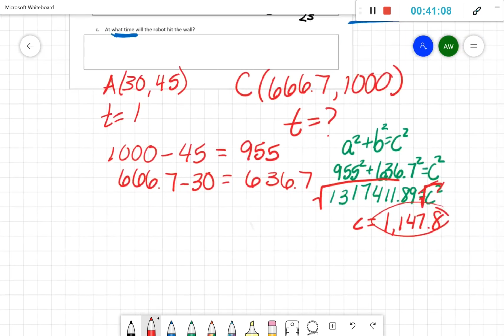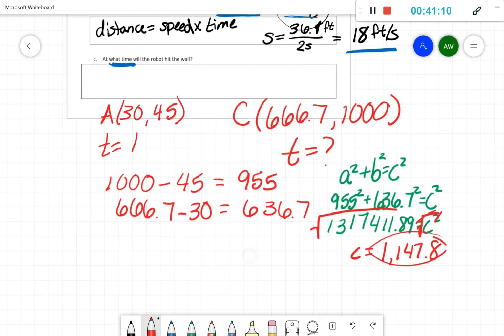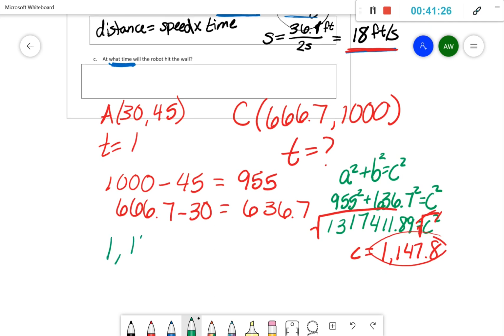And since we know the distance and we also know our speed, which is 18 feet per second, we can use our distance is equal to speed times time if we want to figure out what the time is. So our distance, we know, is 1,147.8.